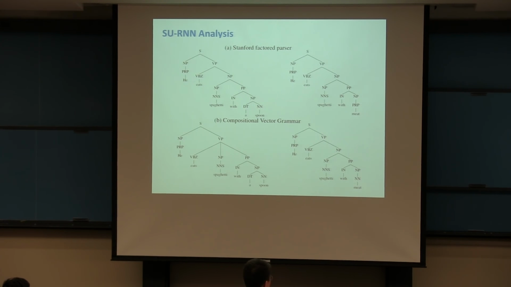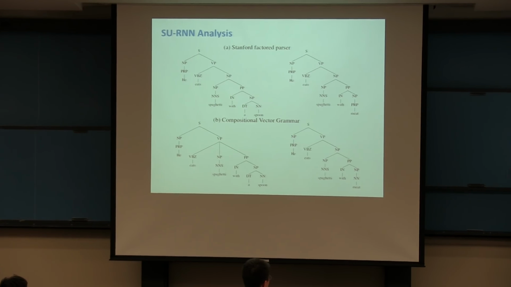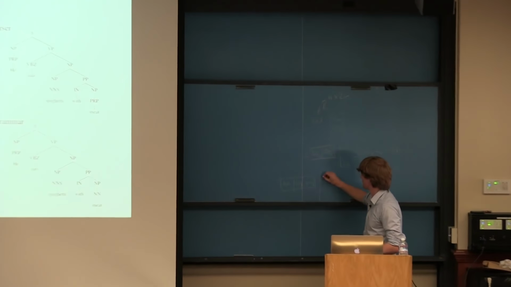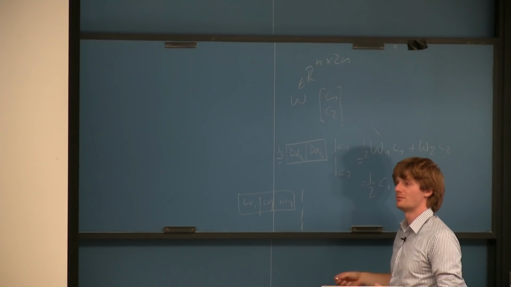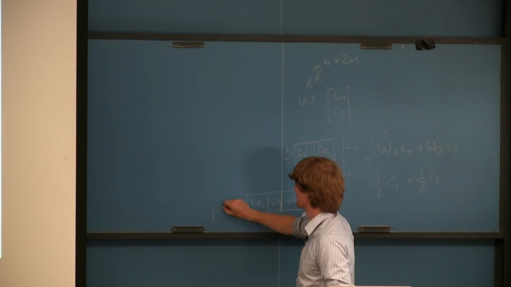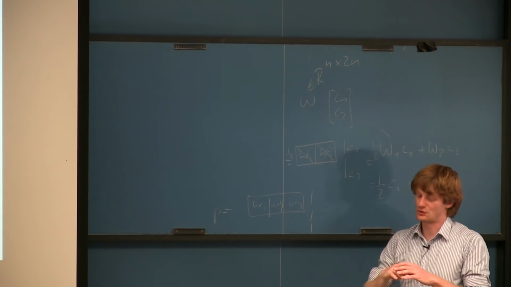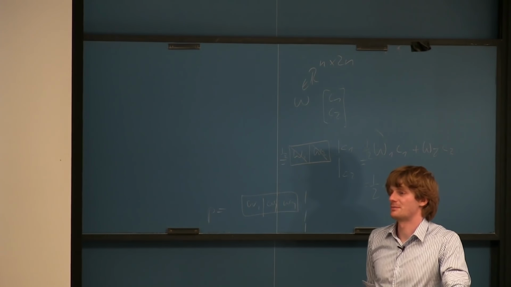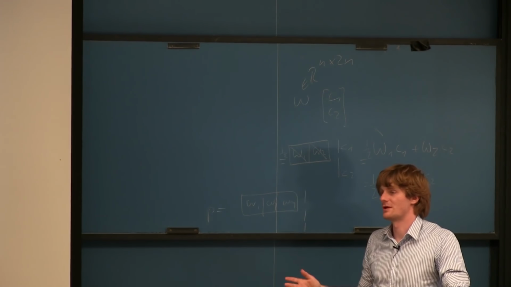You could also, in the greedy search procedure, have a W that just has 3 blocks, W1, W2, and W3, and you multiply it with 3 word vectors and compute a parent vector P. But if you try to use CKY-like chart parsing, that blows up your complexity even more. So you'd rather do it as a post-processing step.